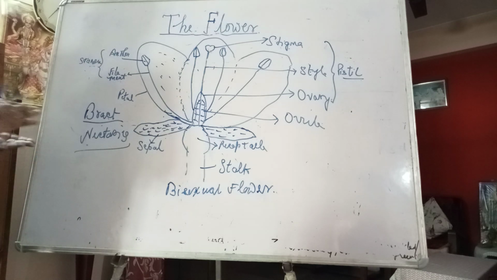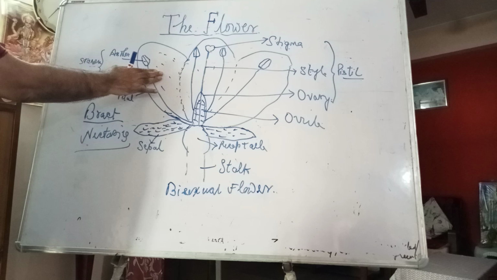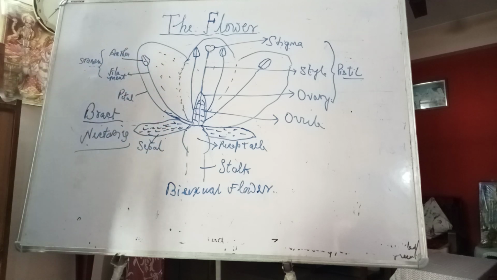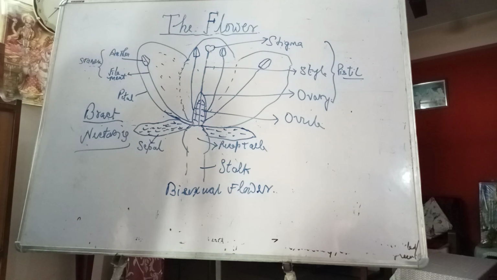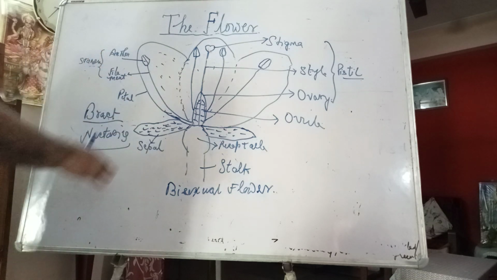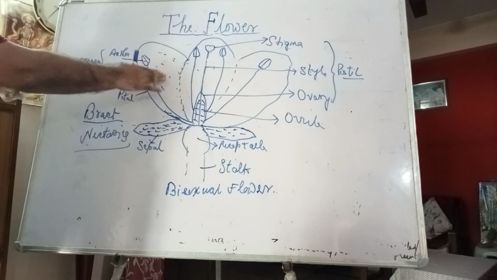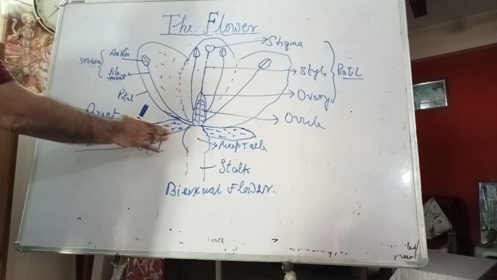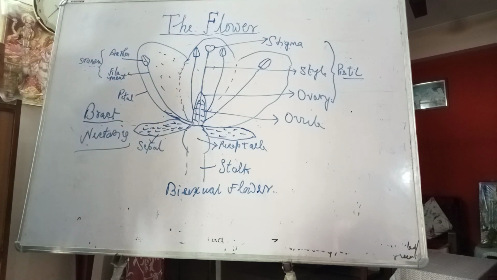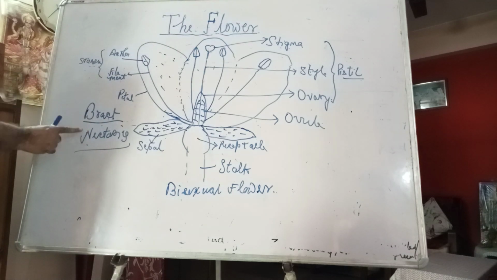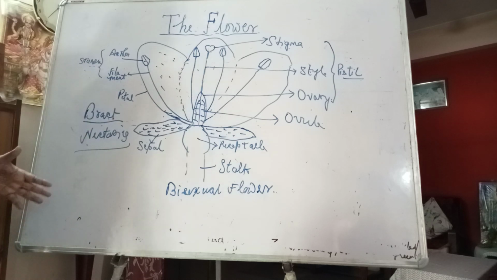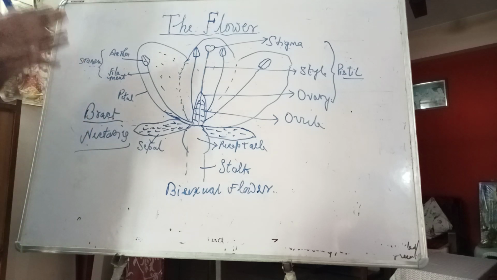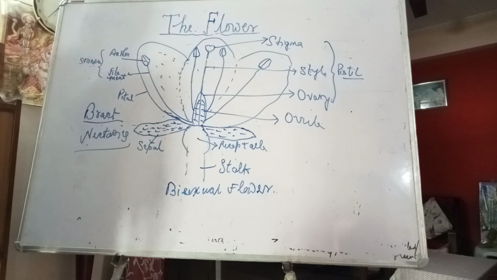Now what happens is sometimes petals and sepals look alike. So it is called perianth. And if it is more like petals, it is petaloid. If it is more like sepals, it is sepaloid. Then the two other terms you have to remember, bract and nectaries. Bracts are the flowers which come from bigger leafy structures.